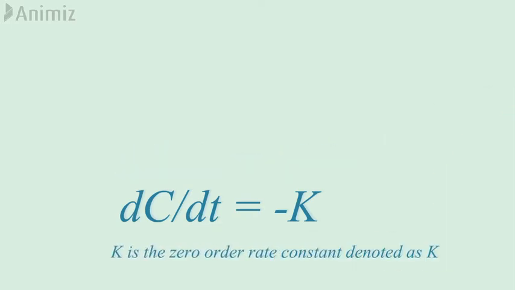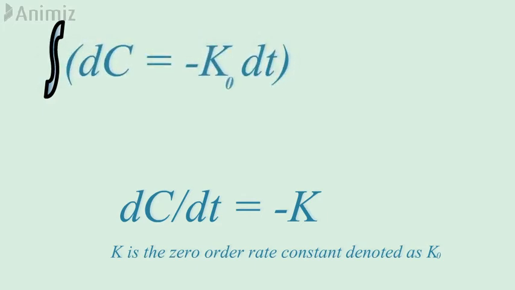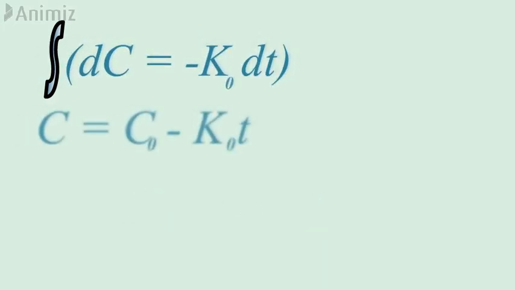Upon integration of dc by dt equals minus k0, or dc equals minus k0 dt, we get c equals c0 minus k0 t. C0 is the initial concentration of drug at time equals 0, and C is the concentration of drug yet to undergo reaction, or the concentration of drug at time t.